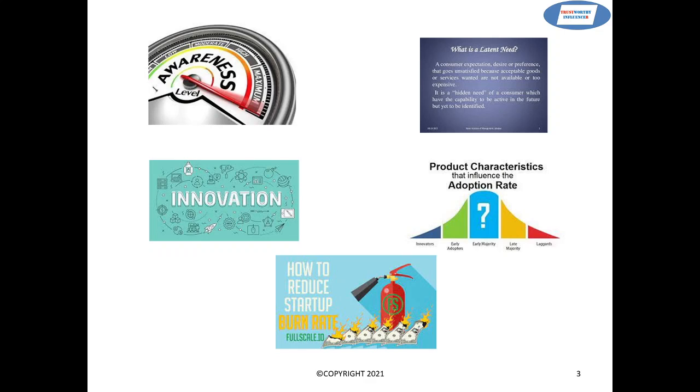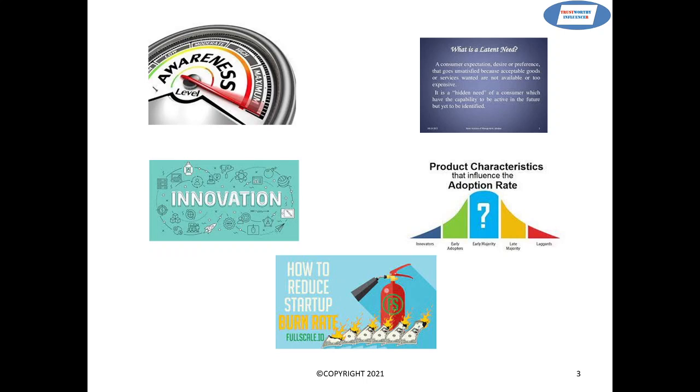The fourth element is very similar to awareness, but it's a step forward. It is actually increasing that adoption rate. So now that you have built up the awareness for your product, you are serving a latent need, and you are continuously innovating your product, it's time to increase that adoption rate so that, just like the example I gave you on Apple, people repeatedly buy your product or your services, even though they don't have the need to buy.